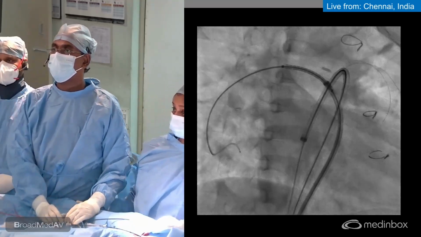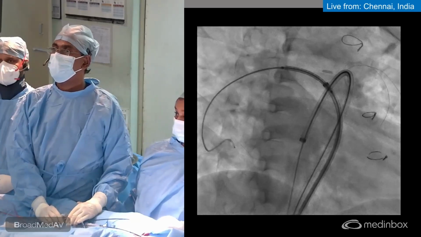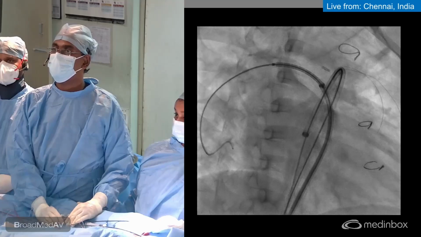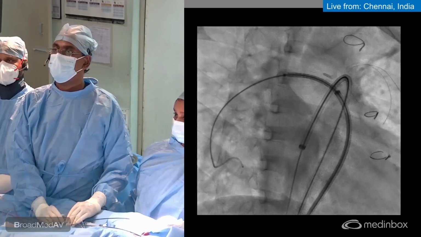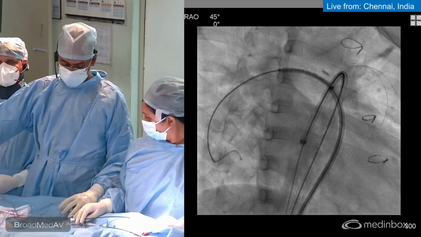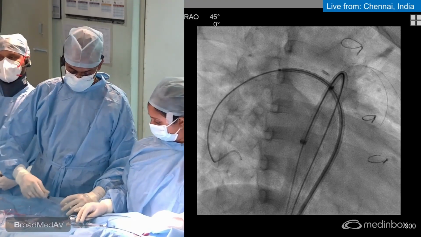We are getting more and more pulsatile trace at this point. And I'm peeling back the sheath in order to expose the stent fully. Going to make another angiogram.